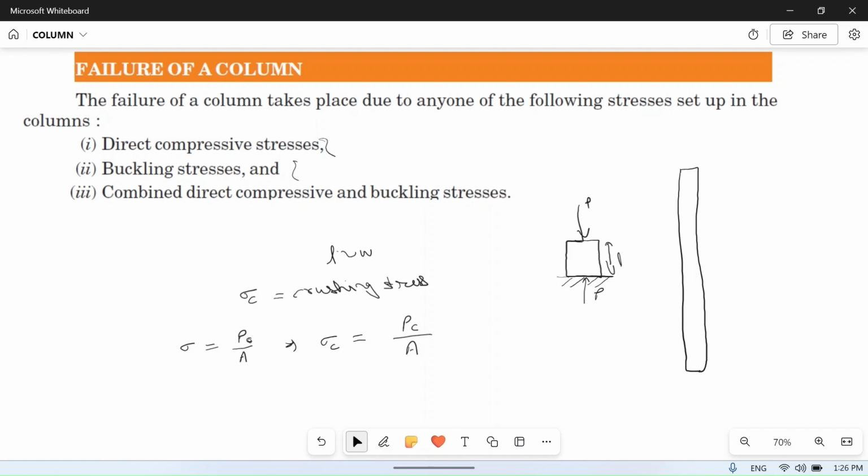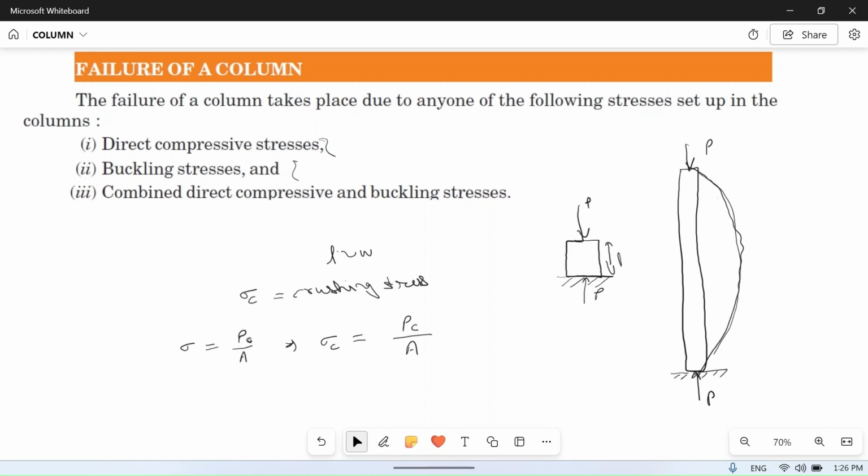This is for a small column, but suppose this column is very long and load P is applied here, and suppose this is fixed or pinned here. In this case, instead of failing due to crushing, this column will try to bend and change shape like this.